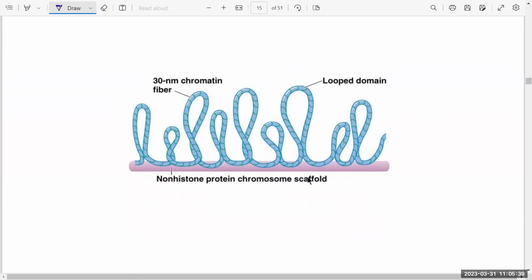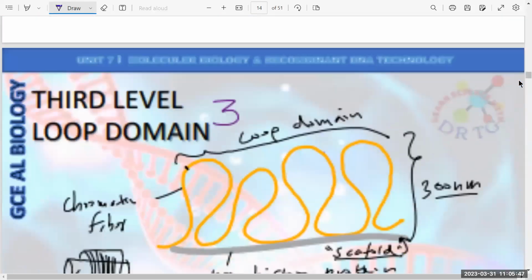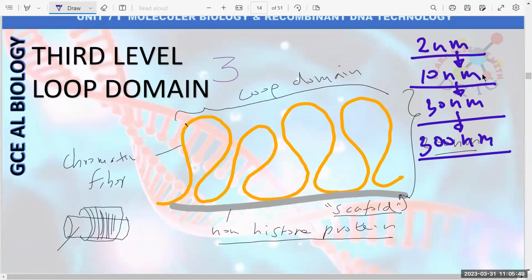That means supportive proteins used to make the loop domain. By looking at this structure, we can understand that we can further compress the chromatin fiber. If we stretch this chromatin fiber it is long, but here we compressed it. So the loop domain helps to compress the chromatin fiber.